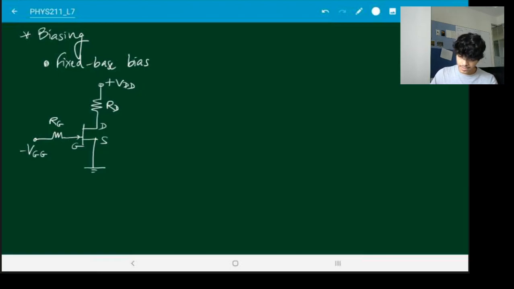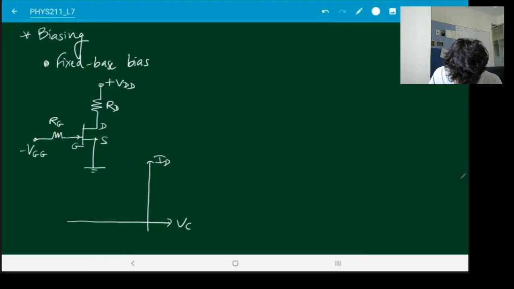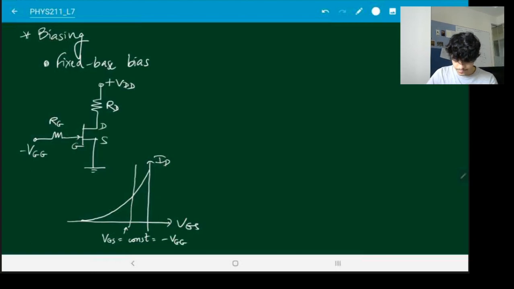What does the transconductance curve for this look like? Well, transconductance curve will always look the same. Something like this. But now on top of this, I have made sure that my VGS is constant because of biasing. So the VGS equal to constant line looks something like this. VGS equals constant, which is minus VGG in our case.